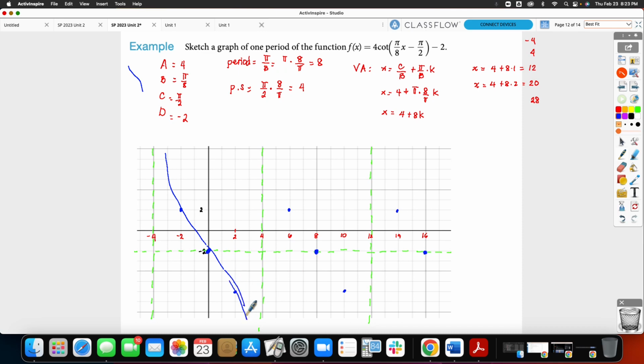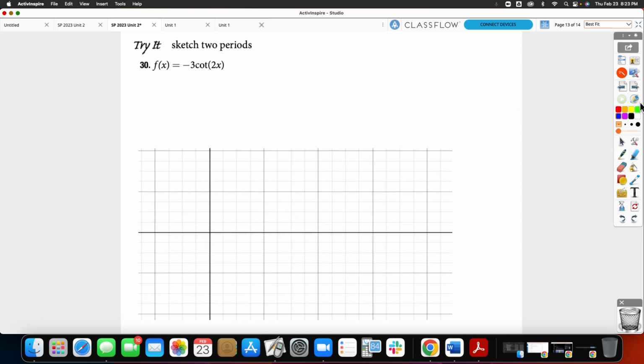And you have the graph of y equals 4 cotangent of pi over 8 times x minus pi over 2, minus 2. So that's like 2.5 periods. Pause the video and try this one.